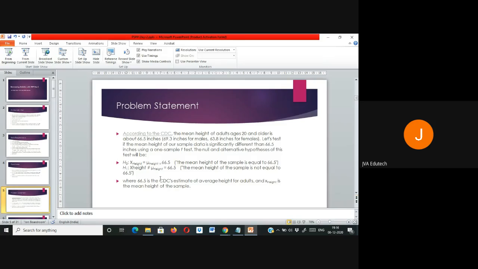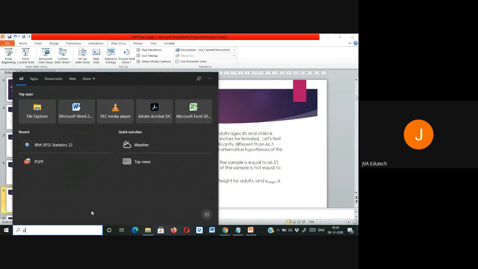So we are basically saying that the mean height of the sample is not equal to 66.5. In wording, we can say that there exists no significant difference between the population mean and the sample mean, and there exists a significant difference between the population mean and the sample mean, where the population mean is equal to 66.5 inches. Now let's test whether this stands true or not.